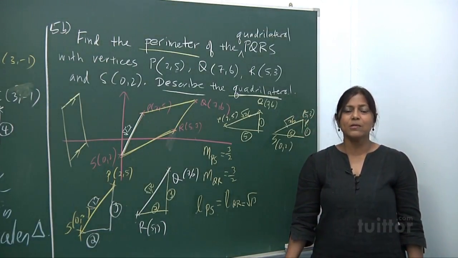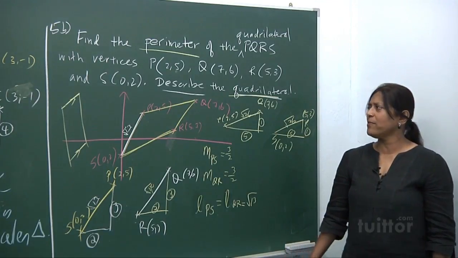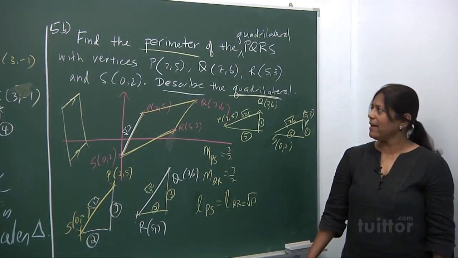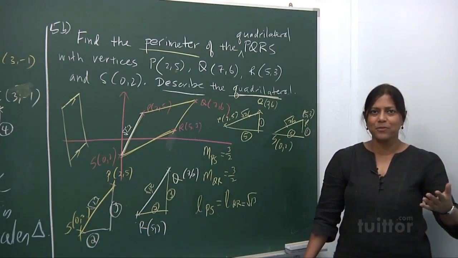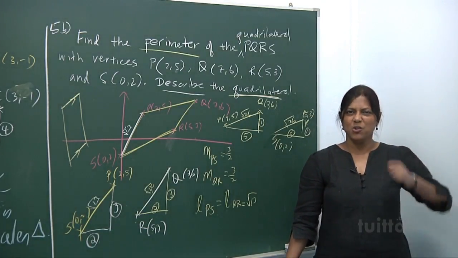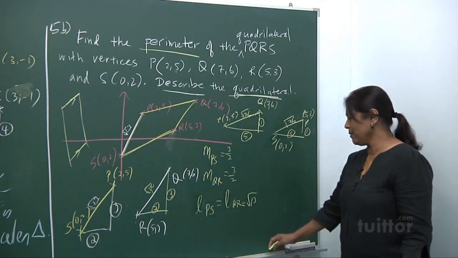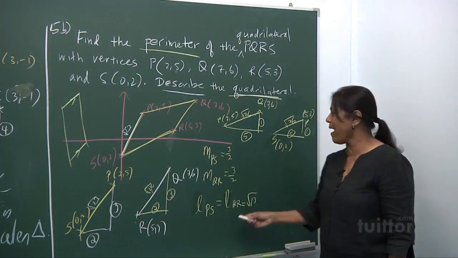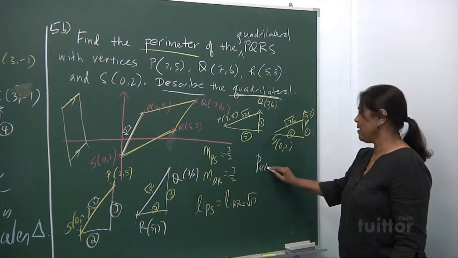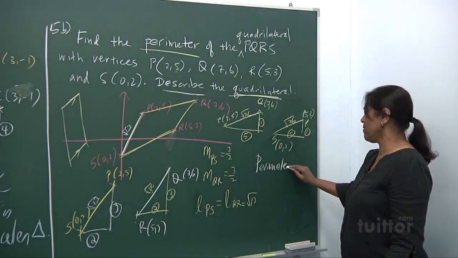Beautiful. So we've got this very clearly defined. If you got that with me, excellent, you're doing really well. Now the last part is the easiest part, the perimeter of this quad.